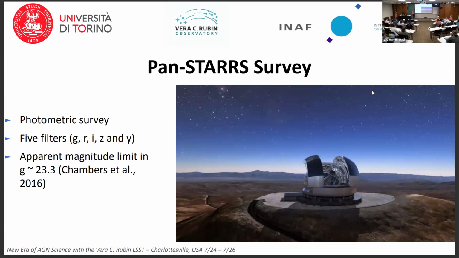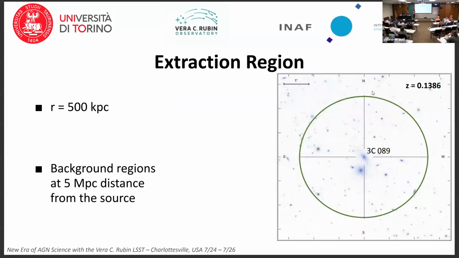To do this, I used the PanSTARRS data. I think everybody knows what PanSTARRS is, but okay, it's a photometric survey done in 5 filters, and it reaches the apparent magnitude limit of 23.3 in the G band. I extracted all the data in an area around my radio galaxy, in a region of 500 kiloparsec radius.